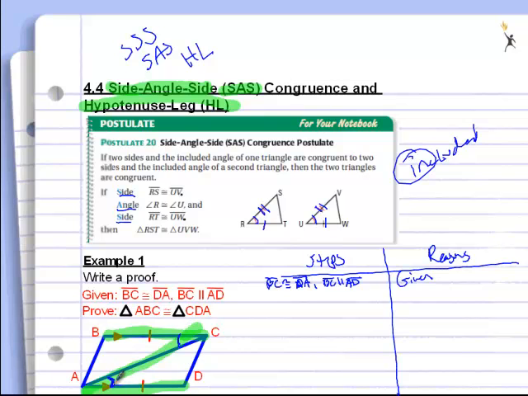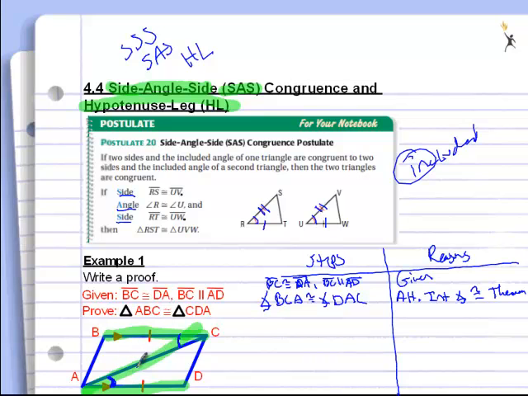Alternate interior angles in parallel lines are congruent, which means that angle BCA is congruent to angle DAC by the alternate interior angle congruency theorem. Remember that if you can't remember the name of the theorem, you can just say alternate interior angles are congruent with parallel lines. You just said the theorem. You don't have to say the theorem name. So there we have angles congruent.